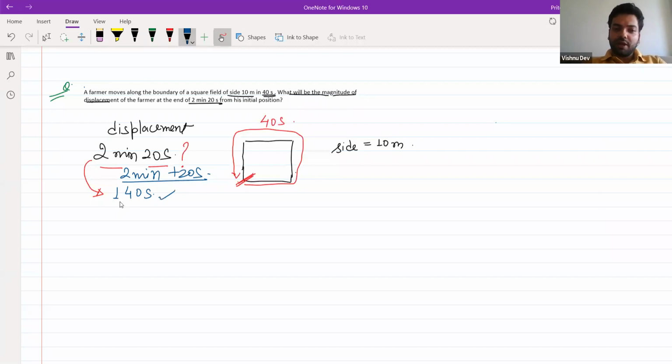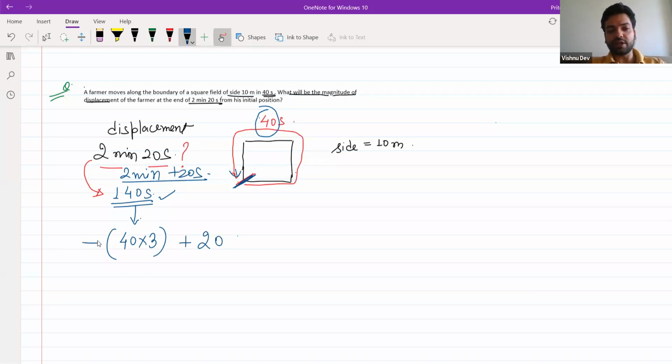Now, in 140 seconds, why am I breaking it in terms of 40 seconds? Because in 40 seconds, whatever position the farmer starts from, the farmer will be back at that same position. So I can write 140 as 40 times 3 plus 20.